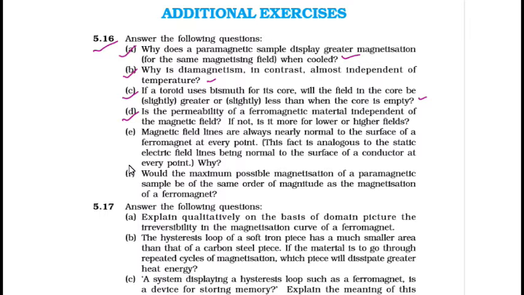Next question is E. Magnetic field lines are always nearly normal to the surface of the ferromagnet at every point. Why? Let us see the answer.